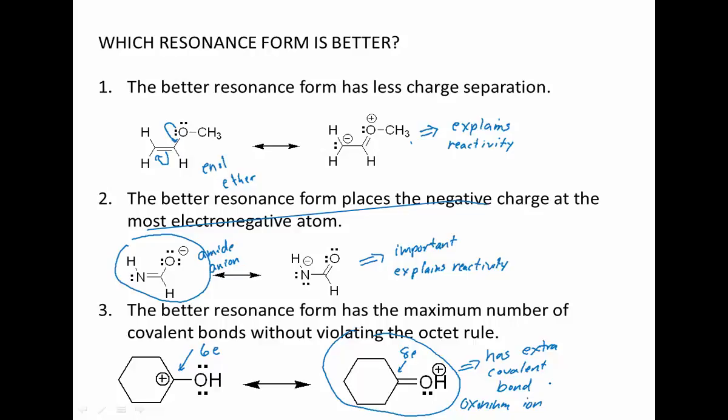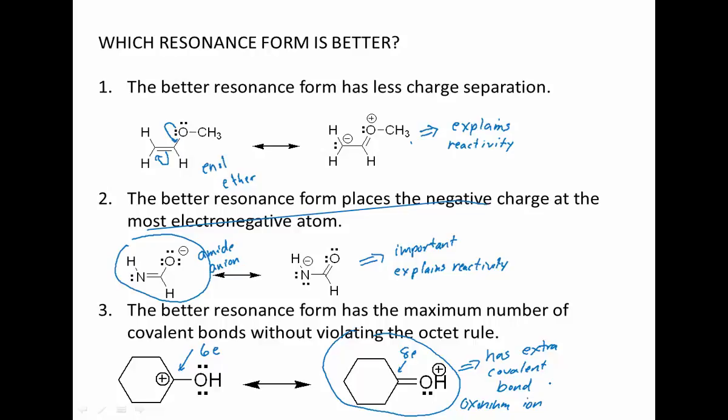Another interesting thing about this: a lot of people might be tempted to circle the compound on the left as the better resonance form. I've seen this a lot, and I believe the reason is issue number 2: if the better resonance form places the negative charge at the most electronegative atom, shouldn't it be better to place the positive charge at the least electronegative atom?